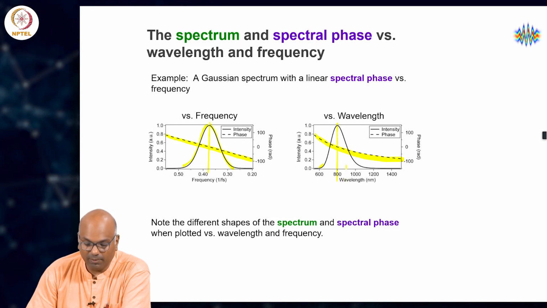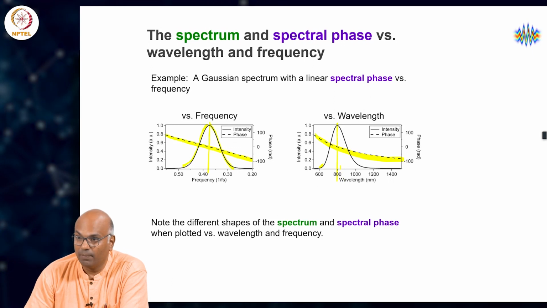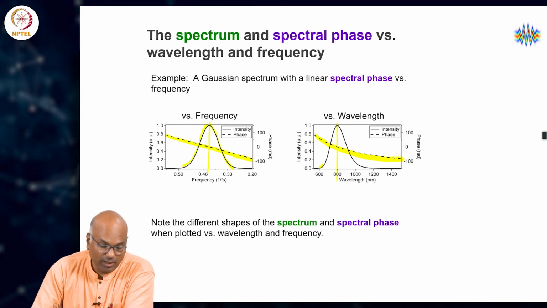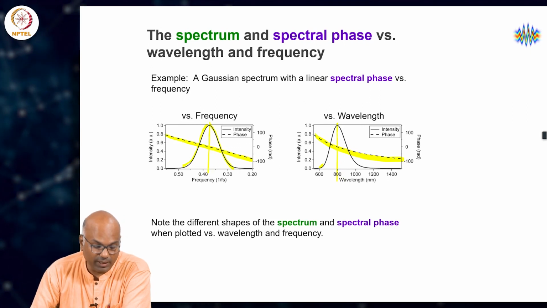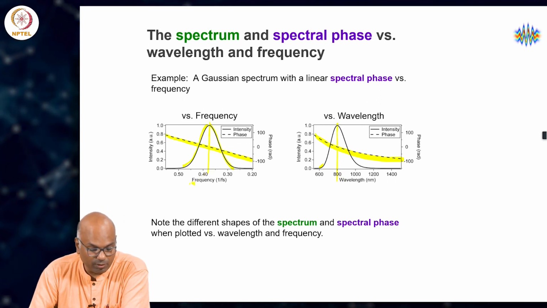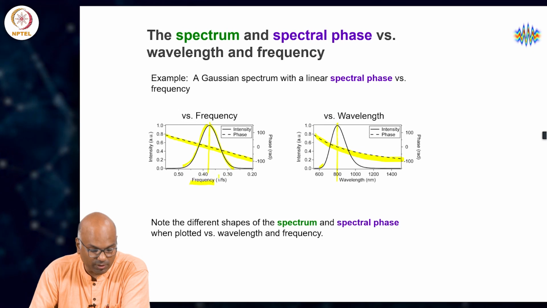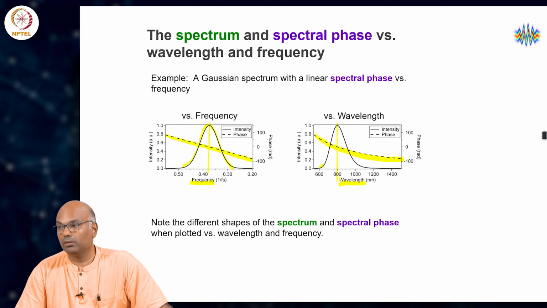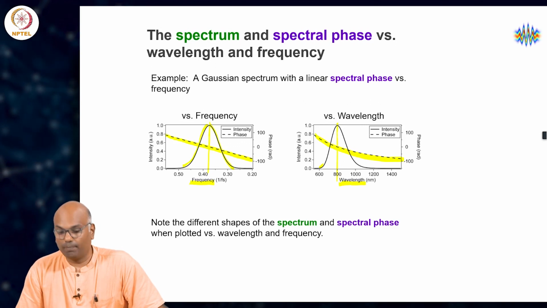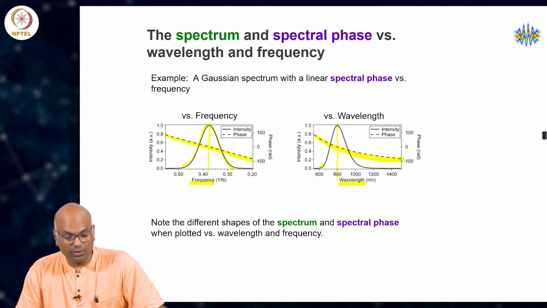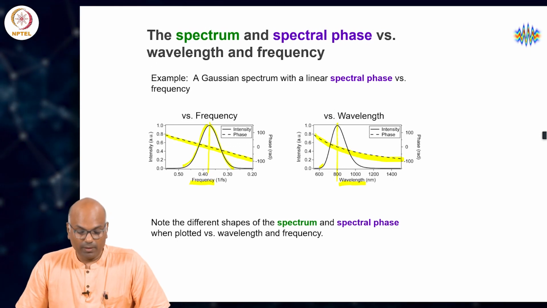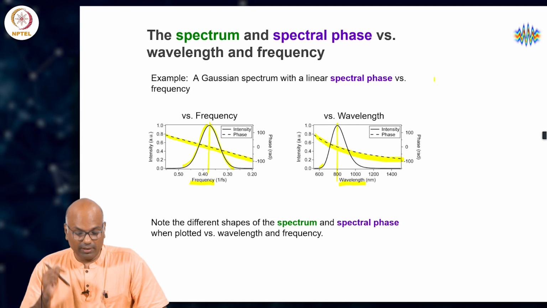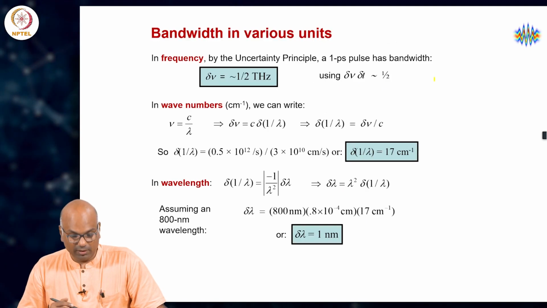There the shape of the spectral phase function will matter, and we should be extremely careful, and I will remind you how the spectral phase behaves, but pay attention to what variable we are using to describe either frequency or wavelength, right. So, that is a Gaussian spectrum, with linear spectral phase versus frequency as well as wavelength.